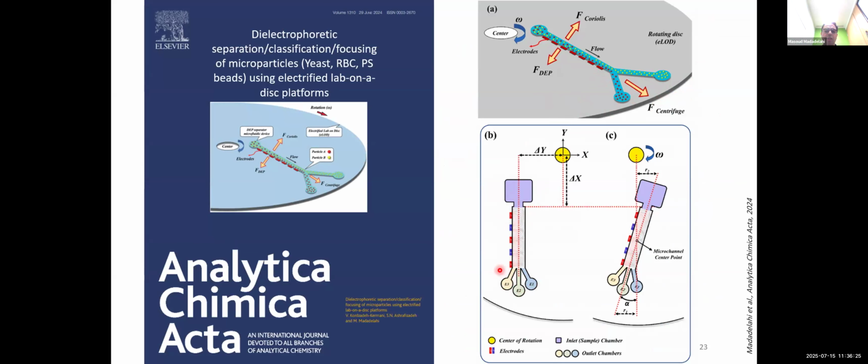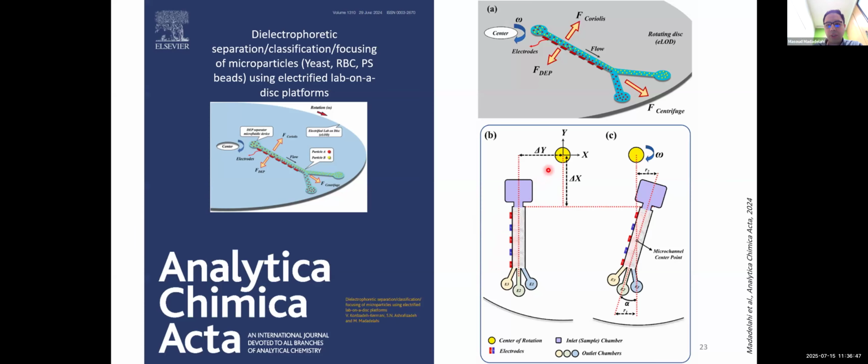Using DEP or dielectrophoresis, we want to separate different particles in this microfluidic system. We have polystyrene beads, we have yeast, we have red blood cell, and also platelets in this simulation.